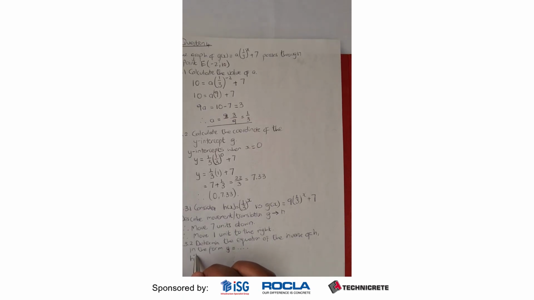So the inverse is when our x and our y swap. So we had y equal to 1 over 3 all to the power of x. Now swapping the y and the x around gives us x equal to 1 over 3 to the power of y.